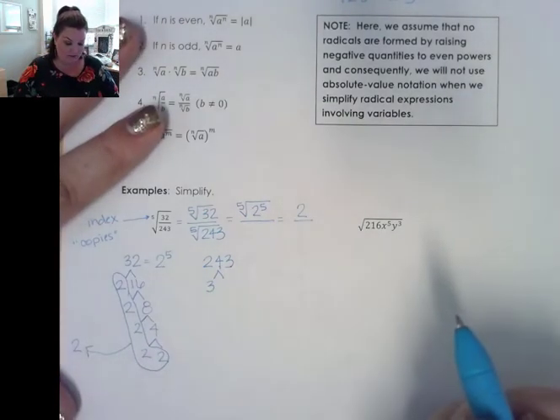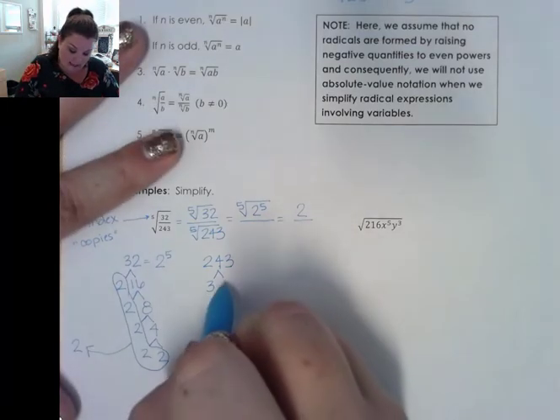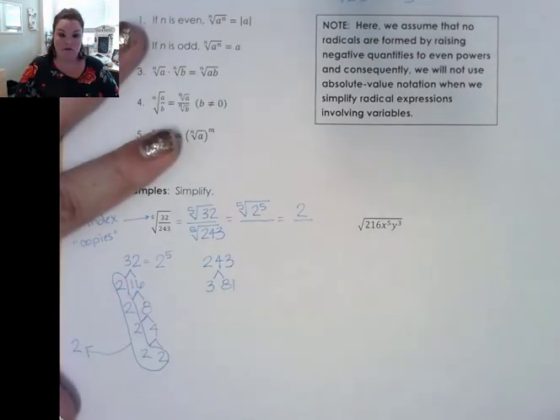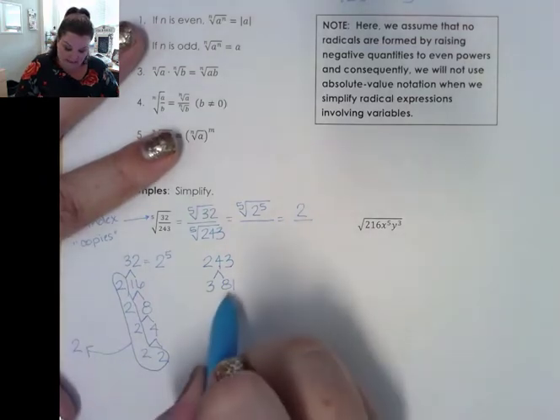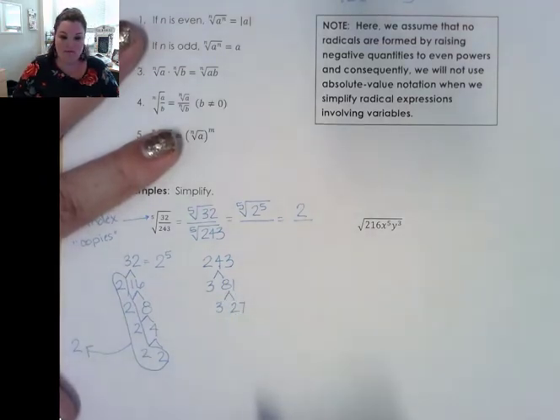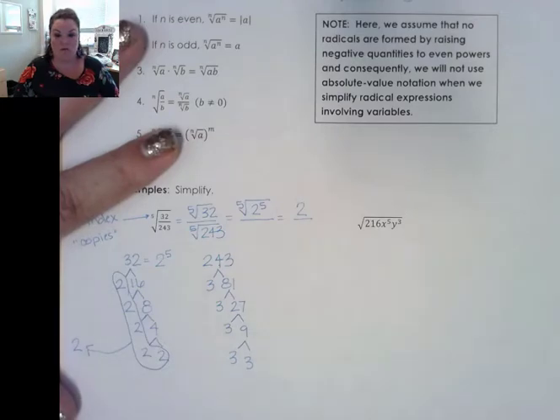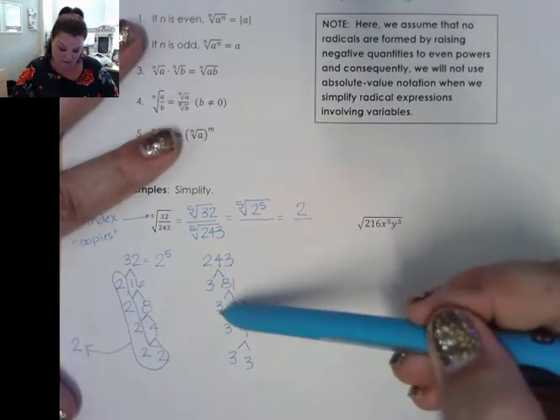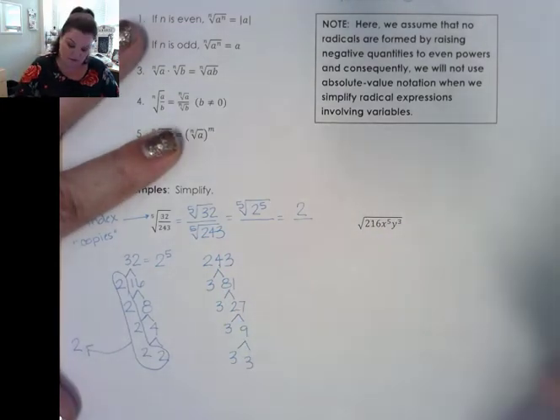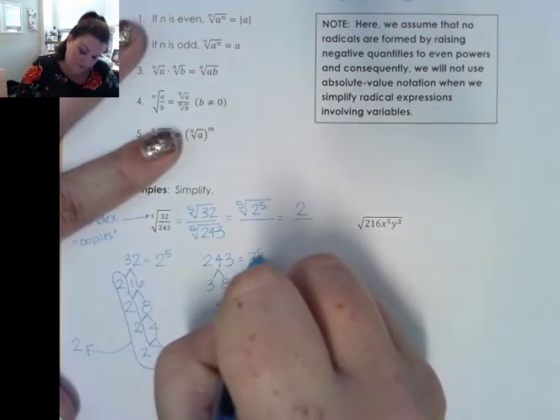So 3 goes into 243, what, 81 times, right? 3 also goes into 81, 27 times, right? 27 is divisible by 3 9 times, and then 9 is 3 times 3 as well. So we ended up with 1, 2, 3, 4, 5 copies of a 3. So this is 3 to the 5th.